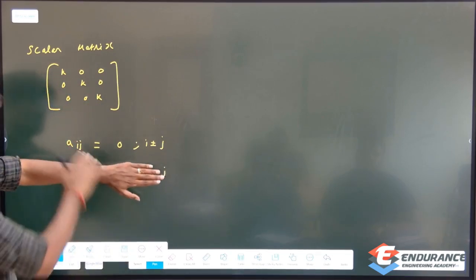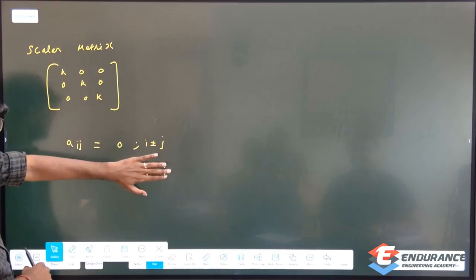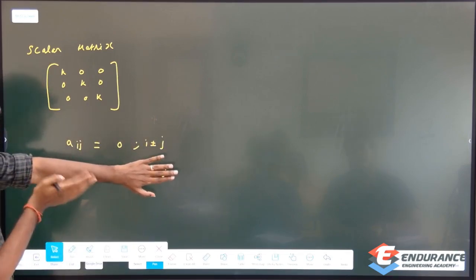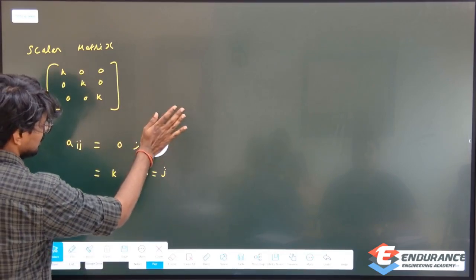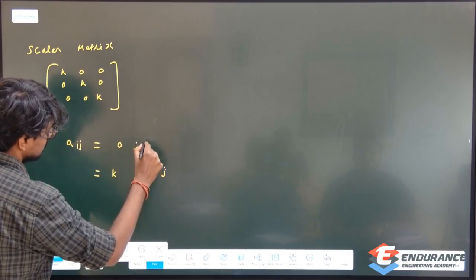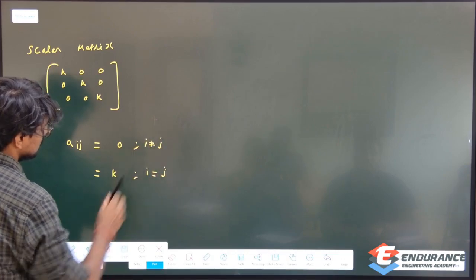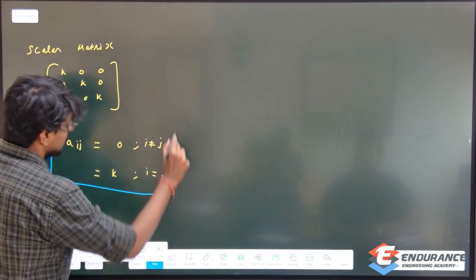This elementary condition alone will state a diagonal matrix, but only if both elementary conditions are included will it be a scalar matrix. Is it clear? That is for scalar.